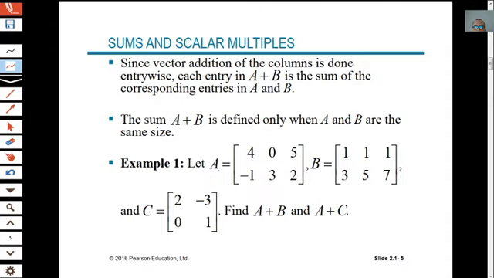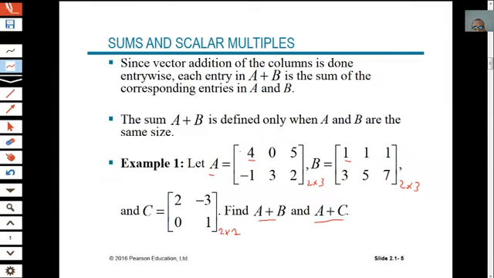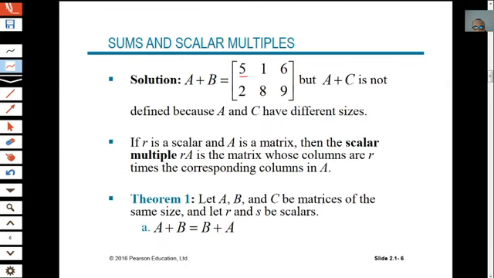For example, A is a 2 by 3 matrix, B is a 2 by 3 matrix, and C is a 2 by 2 matrix. So let's find A plus B and A plus C. We just add the corresponding entries. 4 plus 1, the first entries in the first column, will be 5. For the second entry in the first column, we have -1 and 3, so the sum will be 2.